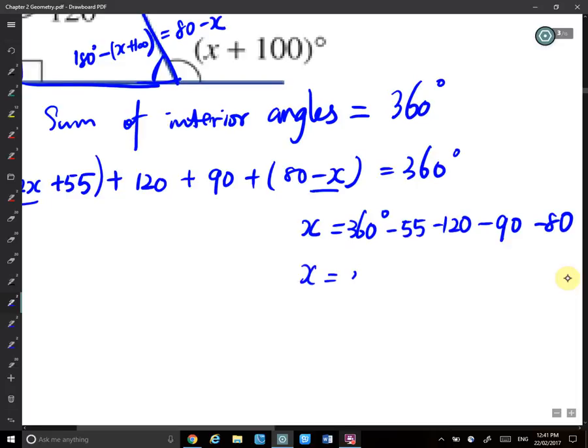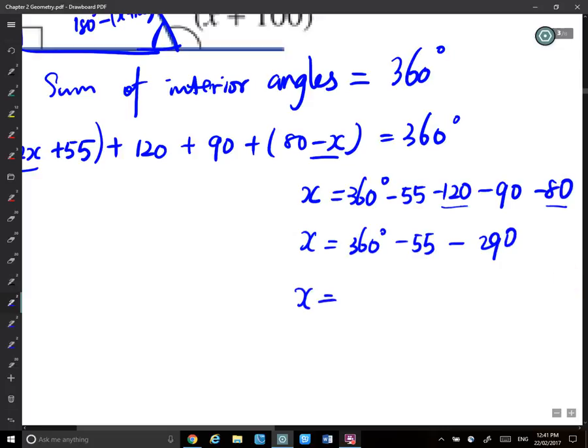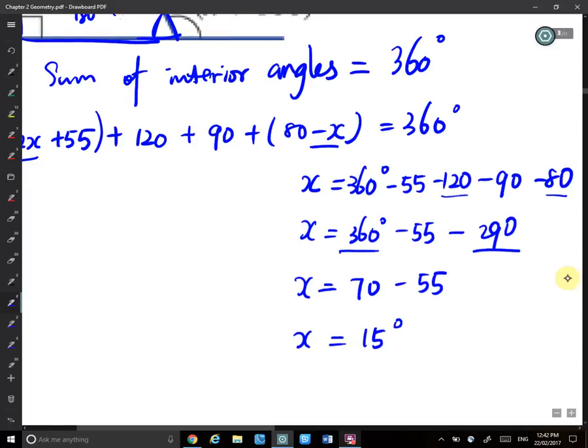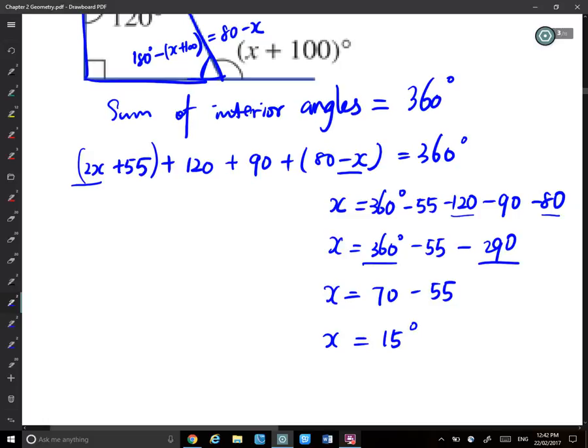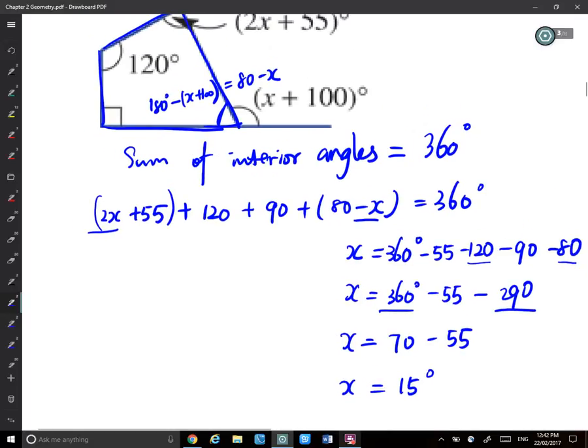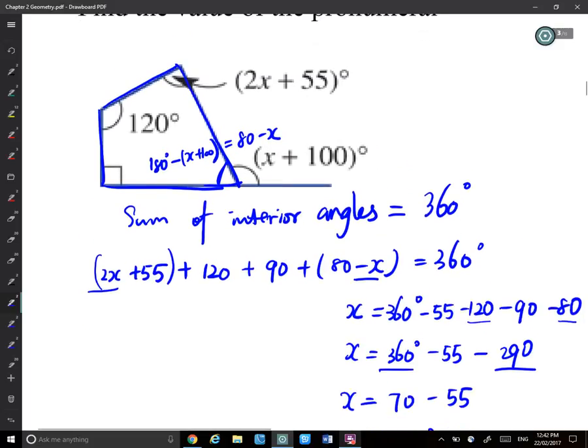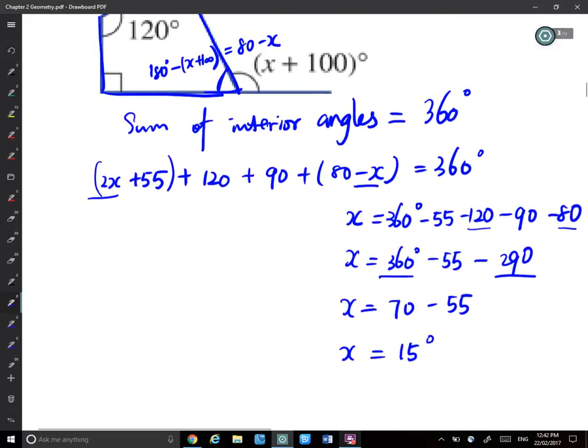So x equals 360 subtract 55, subtract 200, minus 90, so 290, subtract 55 gives you 70 at first, and x equals 15 degrees. Okay, x is 15 degrees.